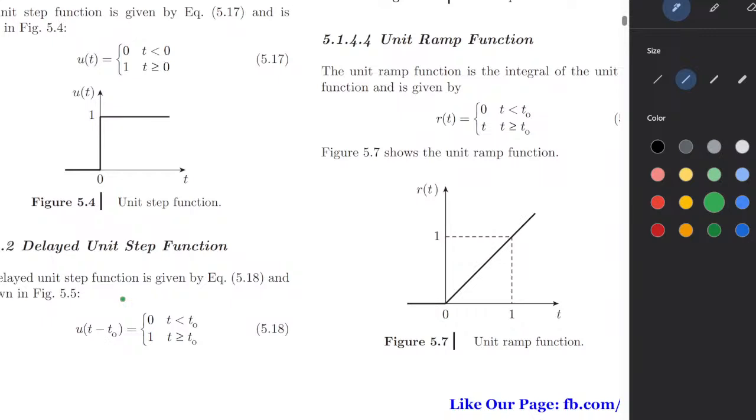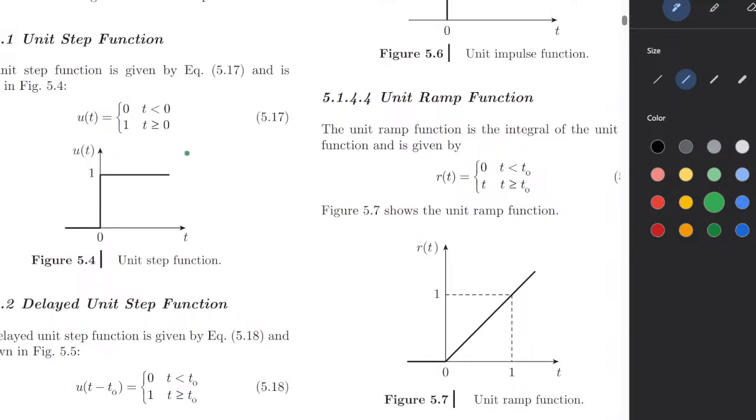For the unit function, for t less than or equal to 0 the value is 0, and for t greater than 0 it is 1. In the delayed one, at a specific time we simply shift it, so for t less than t naught the value is 0, and for t greater than t naught we say 1.